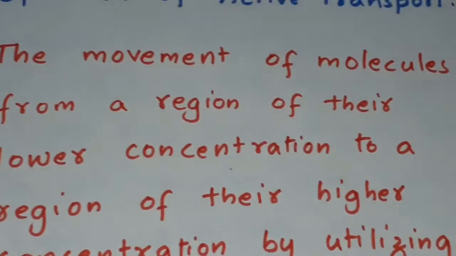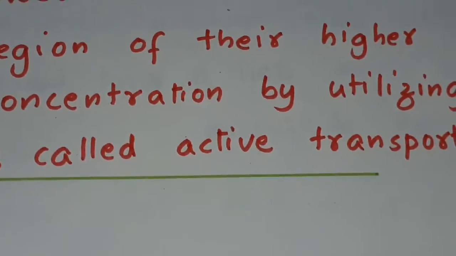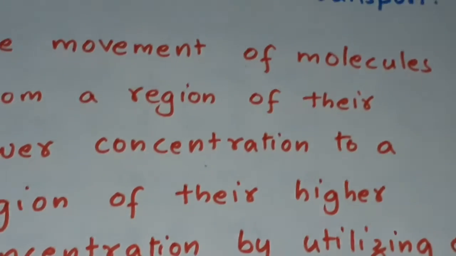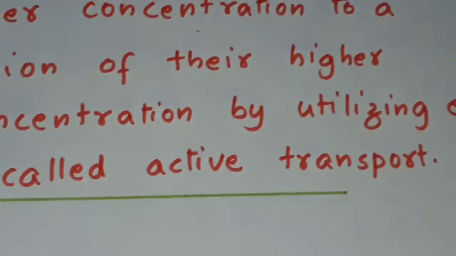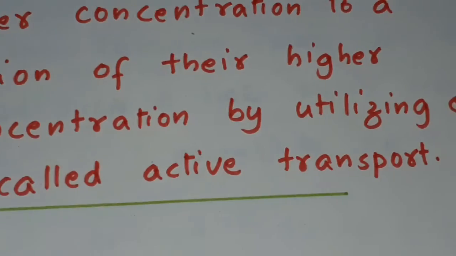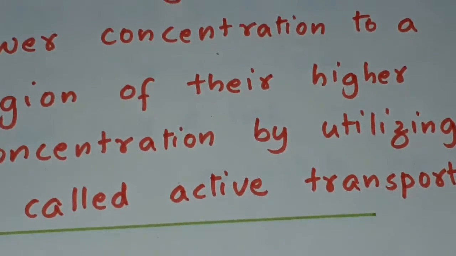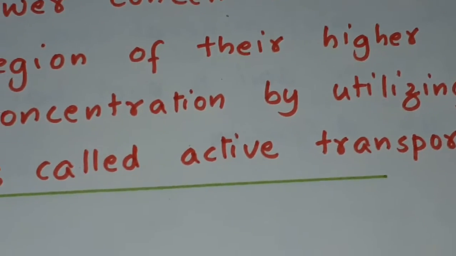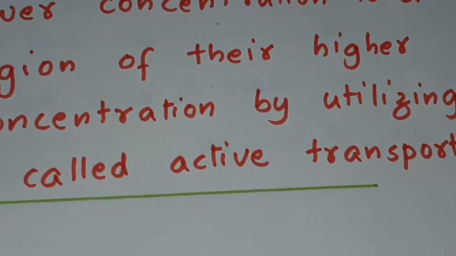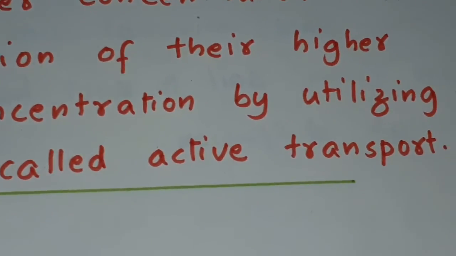Here it is just the opposite, from a region of lower concentration to a higher concentration. Moving from lower to higher, something needs to be there. Here that special thing is that it is utilizing energy. This is the difference between diffusion and active transport. The movement of molecules from a region of lower concentration to a higher concentration by utilizing energy is called active transport.